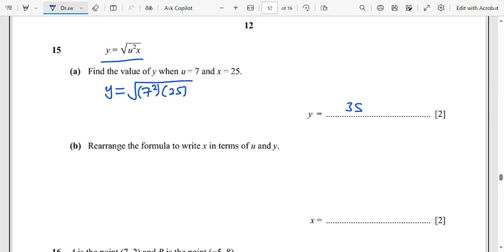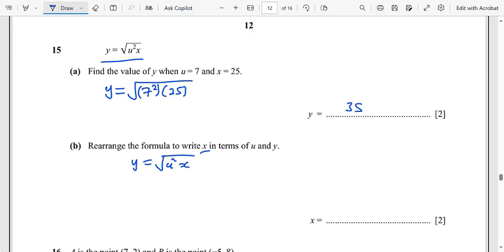The second part of the question is asking us to rearrange the formula so that we write x in terms of u and y. So they're just saying, make x the subject of the formula. So you have y equal to the square root of u squared x. So first of all, we need to unlock the square root so that we get x.